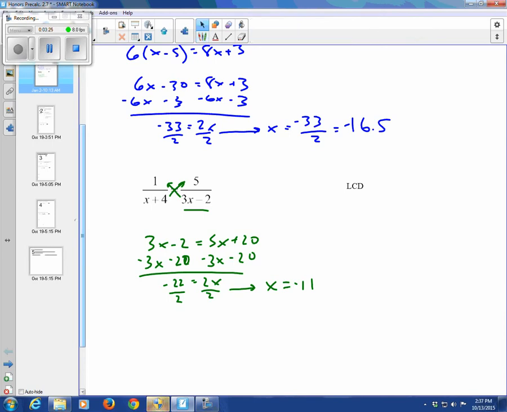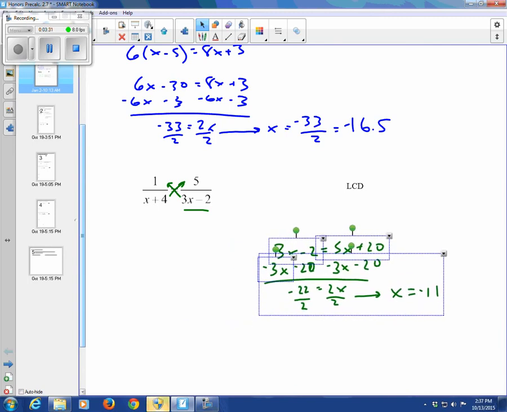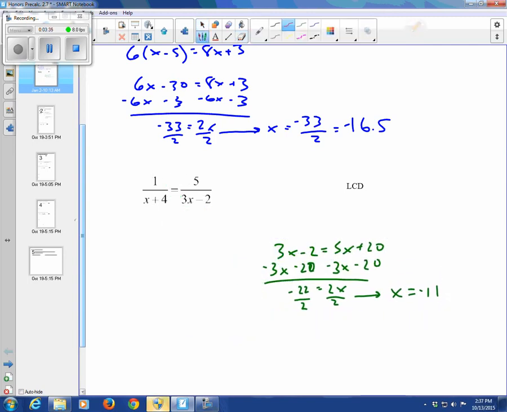One thing we want to take note of is that cross-multiplying is really the act of multiplying by the denominator on both sides. Really what I'm doing is multiplying x plus 4 on both sides, and I'm taking for granted that when I multiply x plus 4 on this side, it's going to cancel out with the denominator.